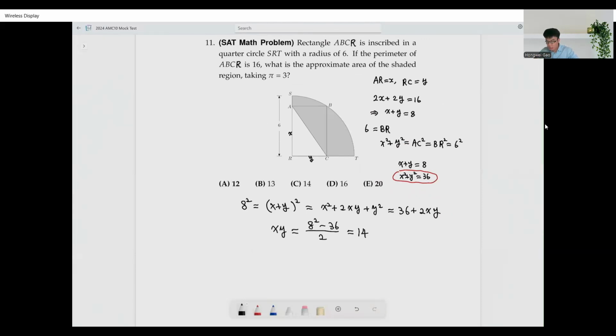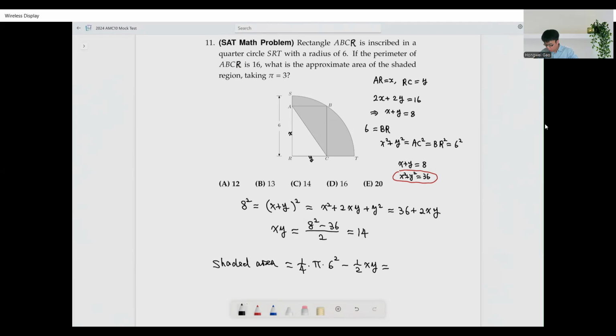Now, the shaded area is exactly the quarter circle's area minus 1/2 of the rectangle's area. The quarter circle's area is 1/4 times pi r squared. R equals 6, so 6 squared. And minus 1/2 of xy.